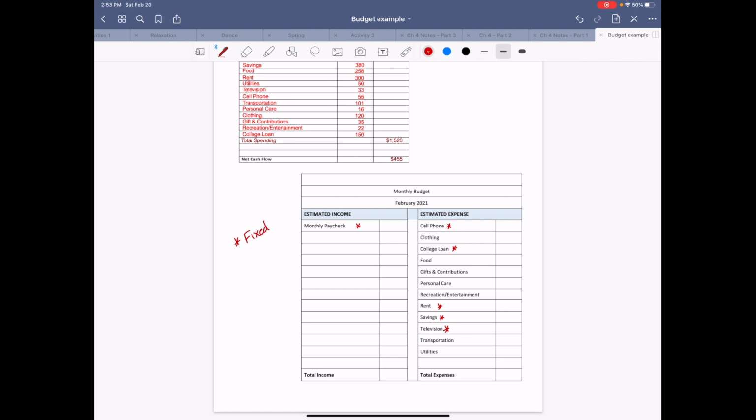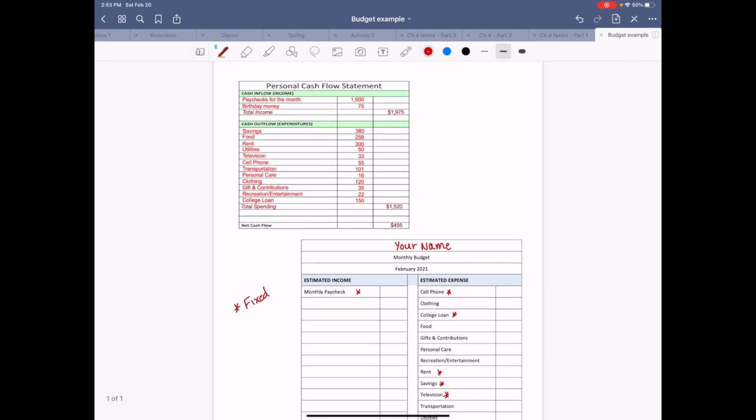So it's really easy to start preparing a budget by identifying our fixed items. Okay, so we're going to go through there, and up on the top, you'll just put your name. Please use your own name.